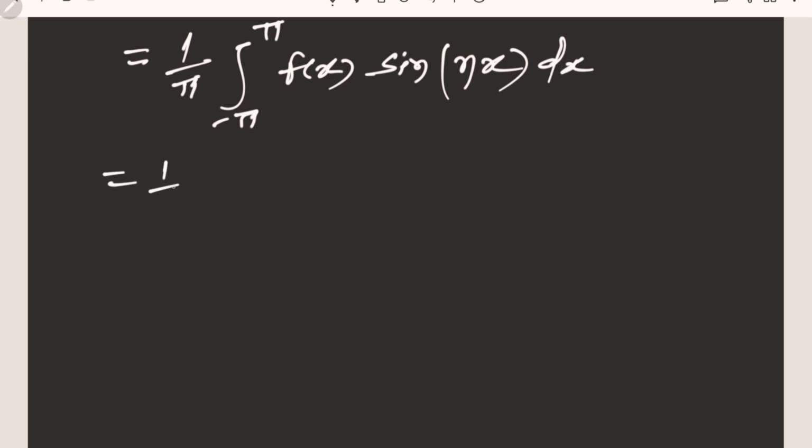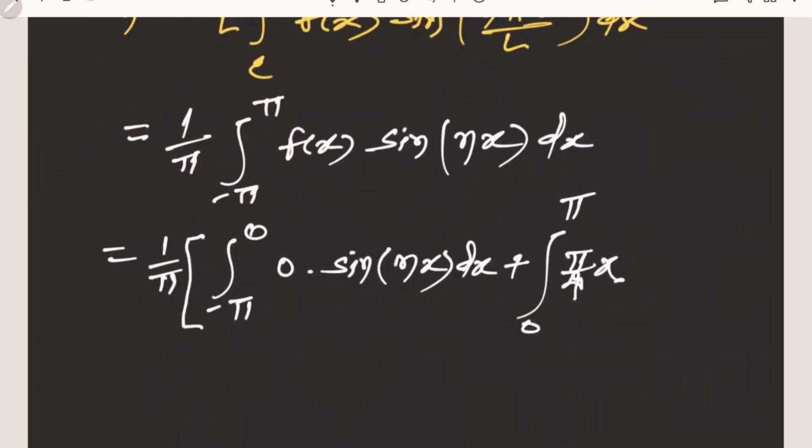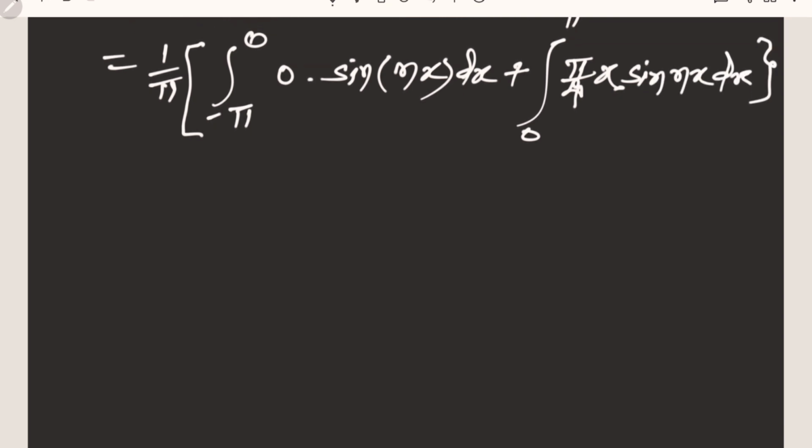Then splitting it as per the previous calculation, it is integration from -π to 0, value is 0, and integration from 0 to π, value is π/4 times x into sin(nx). Go step by step, though it is lengthy, very easy calculations.